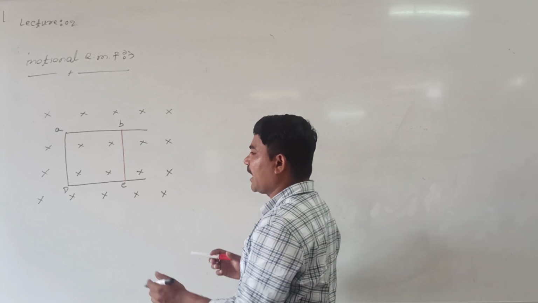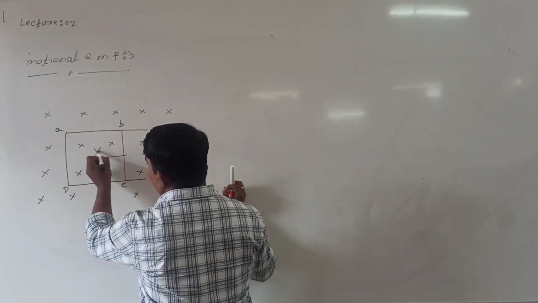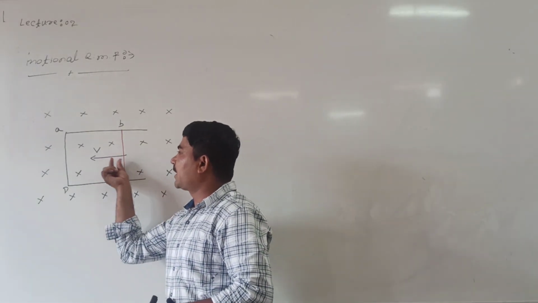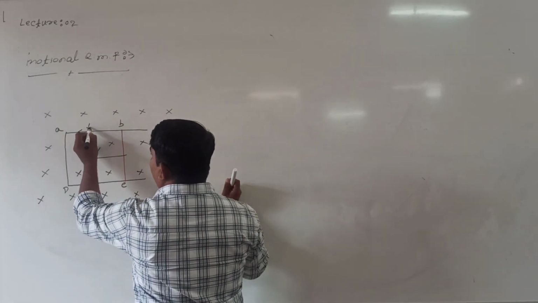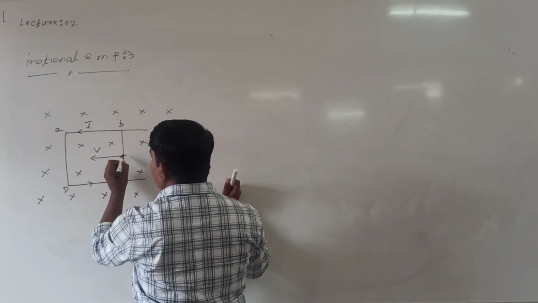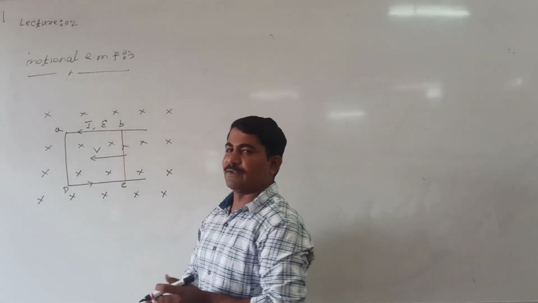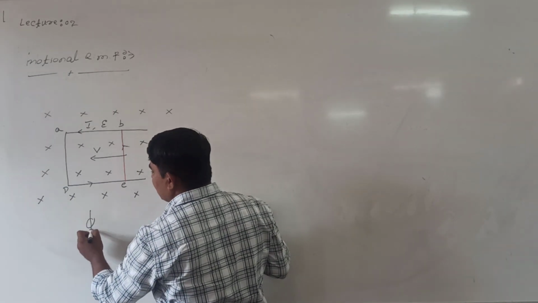Look at me. When this conductor moves in the magnetic field with velocity V, in this conductor induced current and induced EMF are also produced. That we call motional EMF. How is it produced? We know magnetic flux. What is magnetic flux?